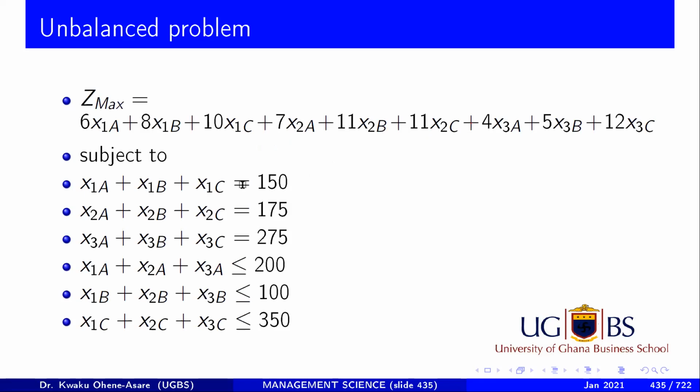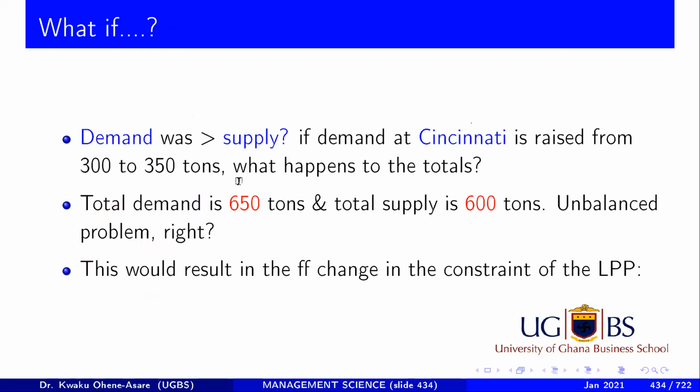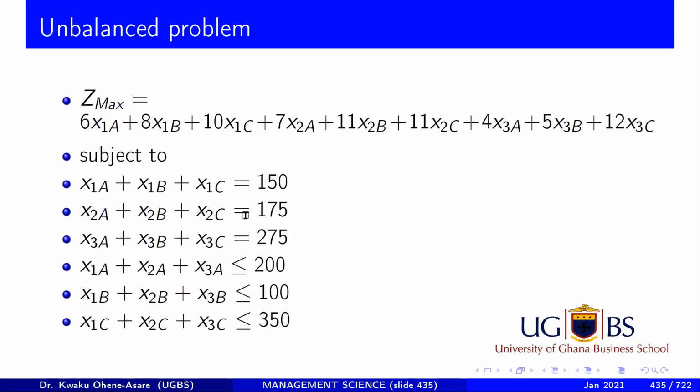Now, the supply will not change the equality sign. The supply will still maintain the equality sign because the situation happened on the demand side. So supply is still 600, but demand is more. The demand, which is more now, will have a less than or equal to.